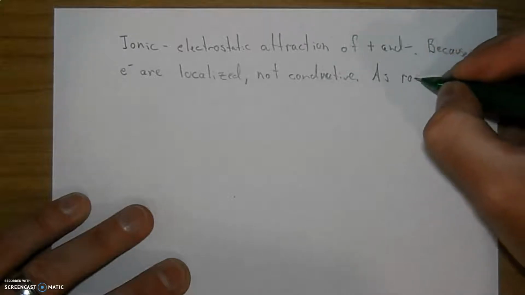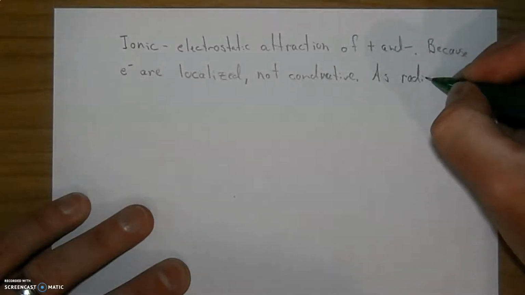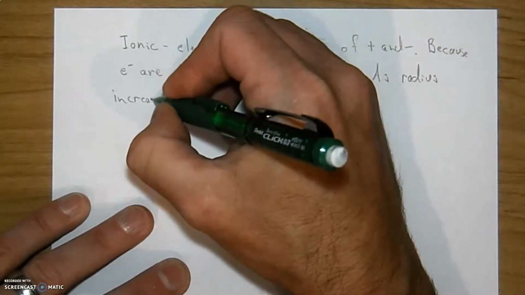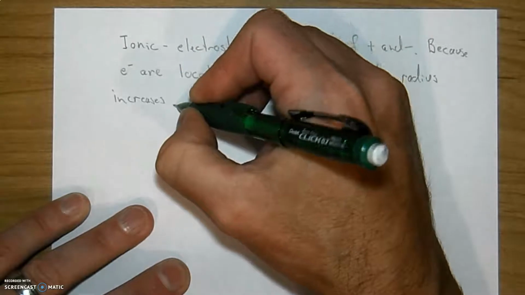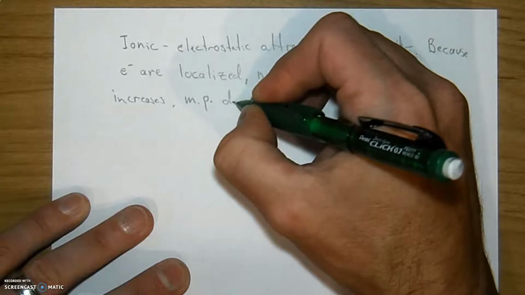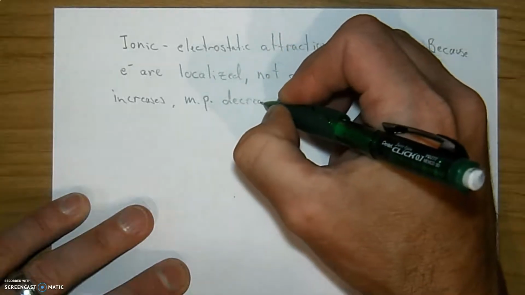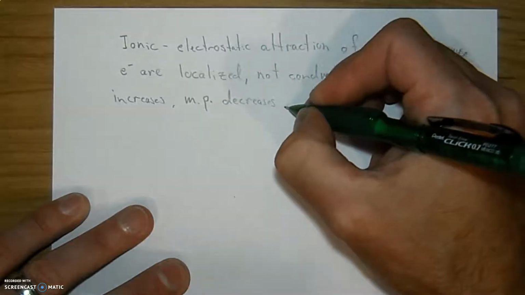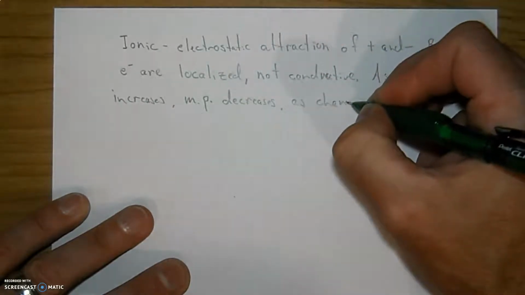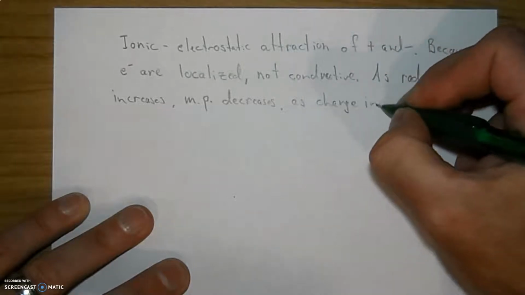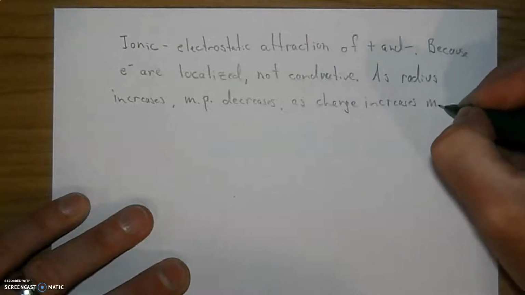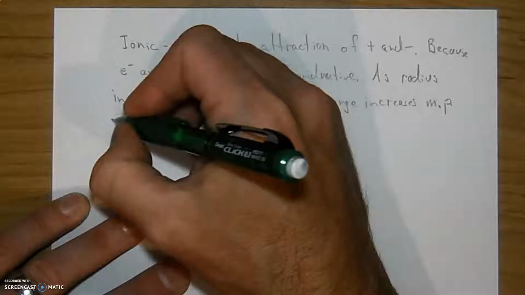Now, in general, as the radius increases, the melting point decreases. That is the trend. As the charge on the atoms increases, the melting point increases.